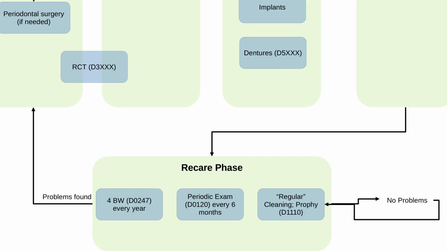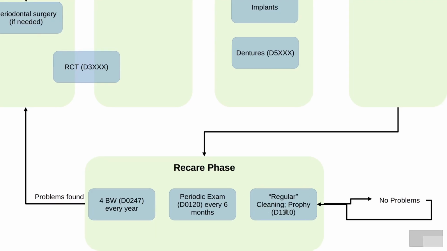When you do a periodic exam, it's much faster because everything has already been charted. You're just looking for whatever is new. And then you do the cleaning. This may be the correct code, or it may not be, because there's actually a separate periodontal maintenance, but we won't worry about that.